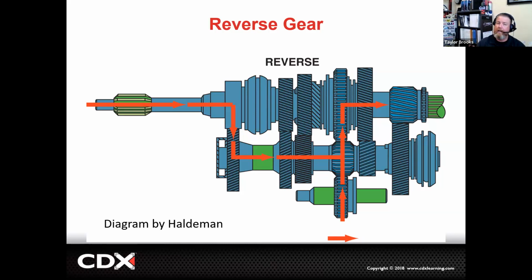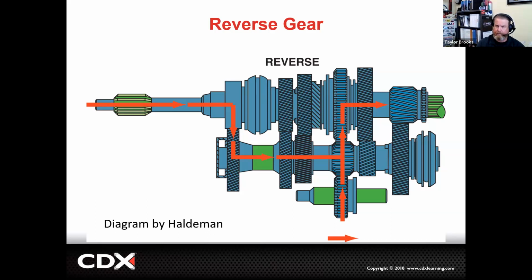In reverse, it's the same, except that as it goes down through the counter, the input shaft to the countershaft is going to rotate that idler gear, and that idler gear is down below. That idler gear, which is not very well photoed or diagrammed here, will then lock into our output gear that will go out to the drive wheels and reverse the rotation of the transmission.